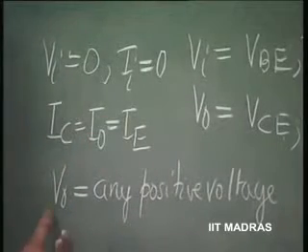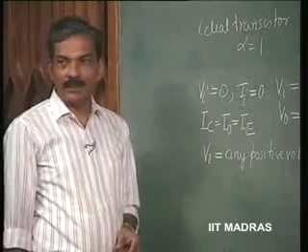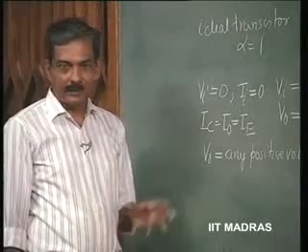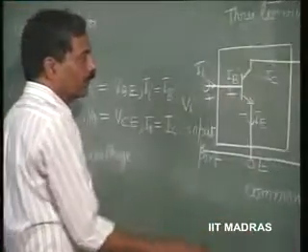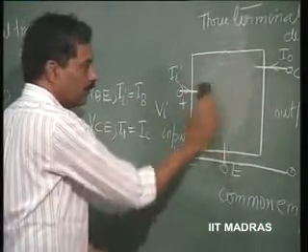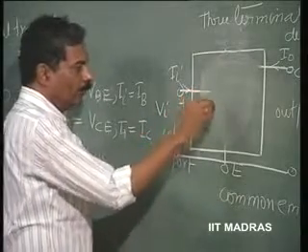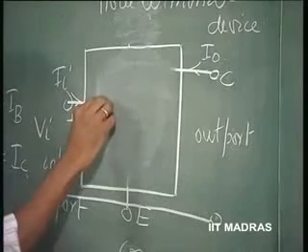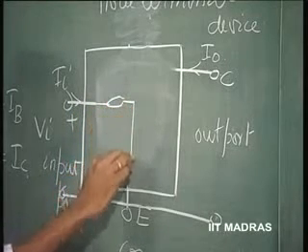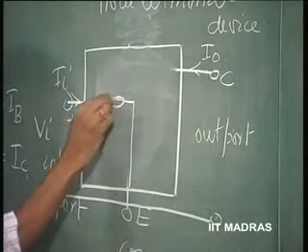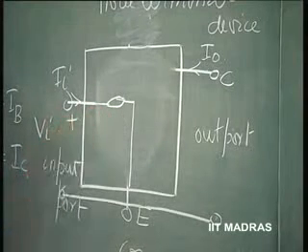V0 can be anything. That means, actually speaking, I can now represent this by means of an equivalent circuit, the simplest equivalent circuit. So, we will put down this transistor in terms of its equivalent. I now put here some block, which is what is called a nuller.